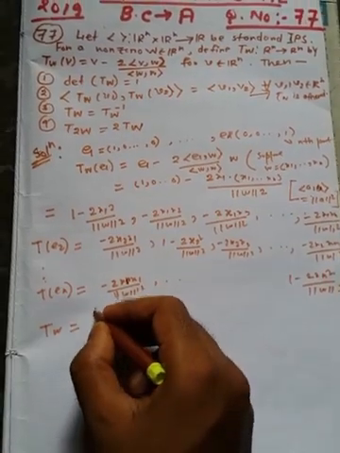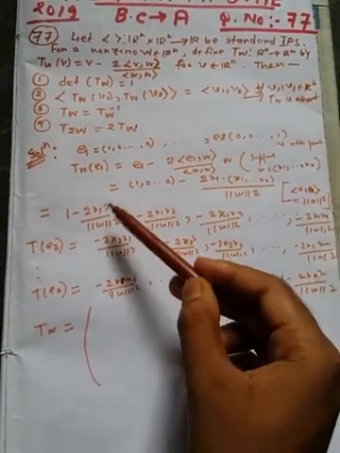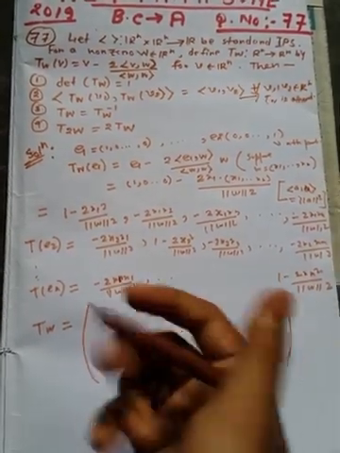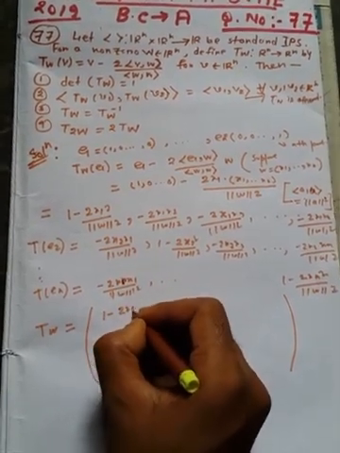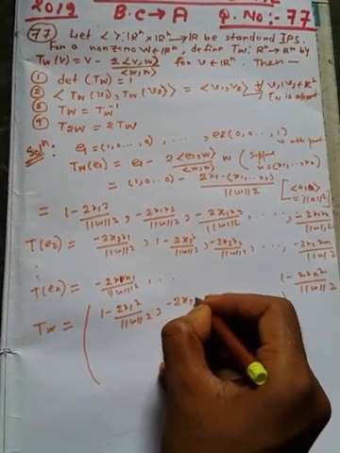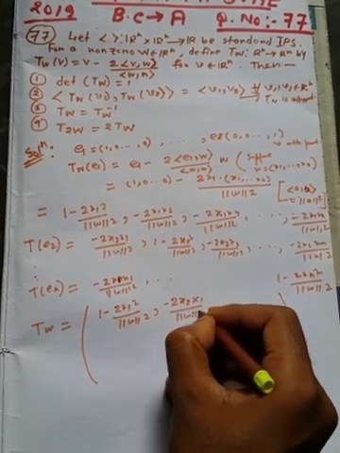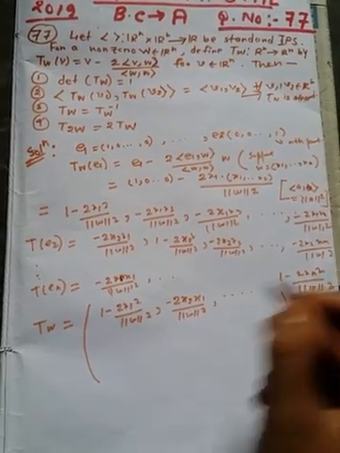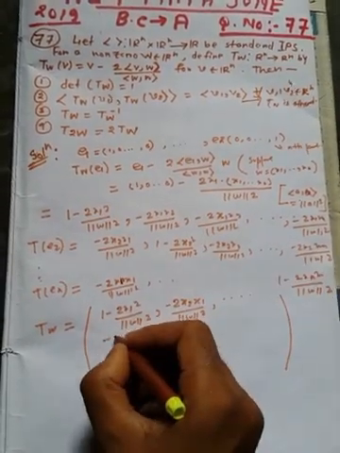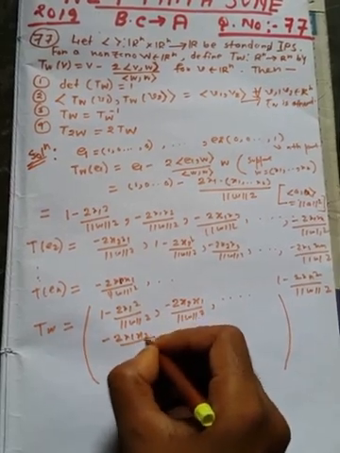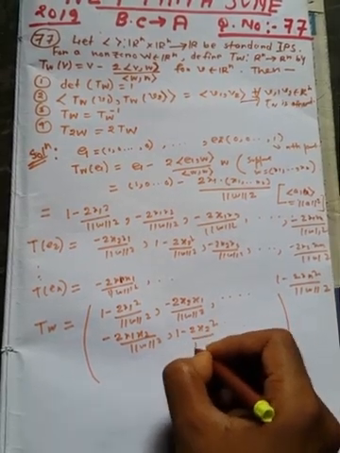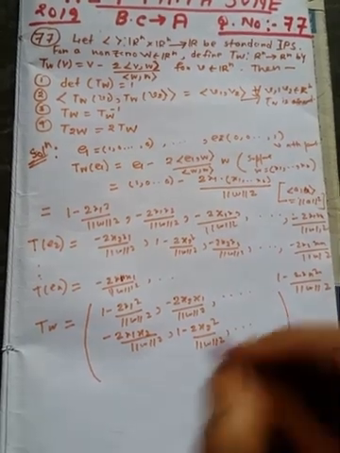Now what is the TW matrix? We write this as columns. So the first column is 1 minus 2 x1 square by norm W square, minus 2 x2 x1 by norm W square, and so on. Next, minus 2 x1 x2 by norm W square, 1 minus 2 x2 square by norm W square, and so on.